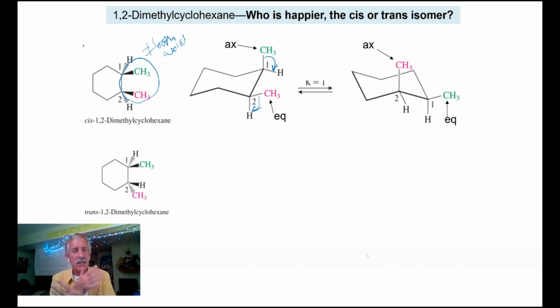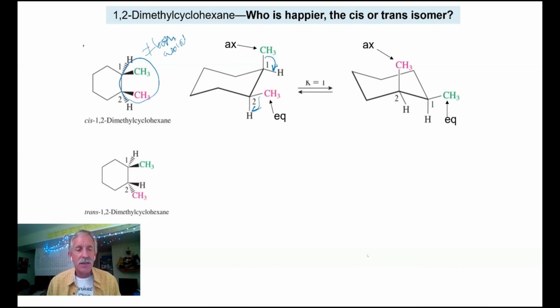So everybody switches places, which means this molecule has no benefit to do a ring flip. It doesn't matter which chair conformation you have here. Both of them will always have one methyl axial and one methyl equatorial. Not disastrous, at least they're not both axial.